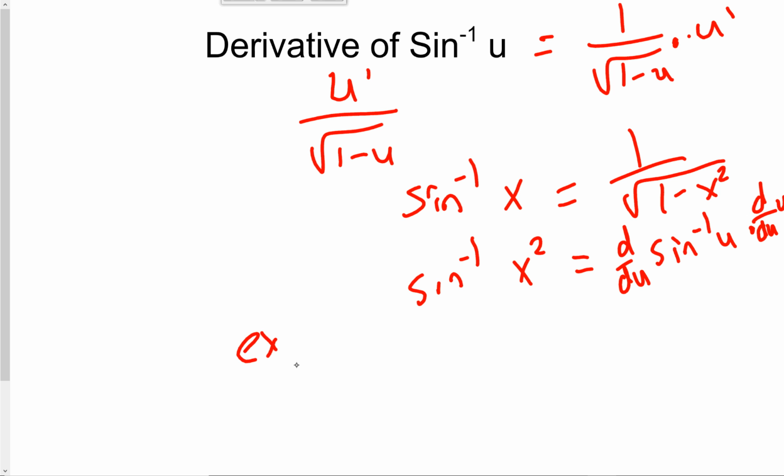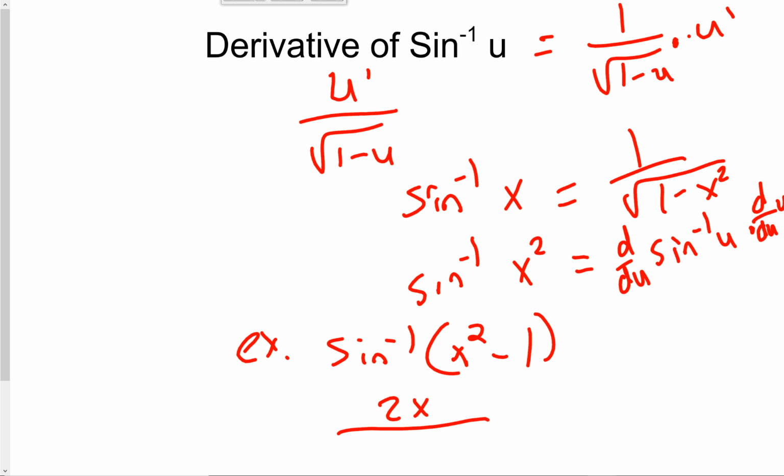So here's an example. If you have sine inverse of something other than just x, I'm going to take the derivative of that inside, which is just 2x, and I'll take it over the square root of 1 minus whatever that is, so x squared minus 1. And then I can simplify this, right?